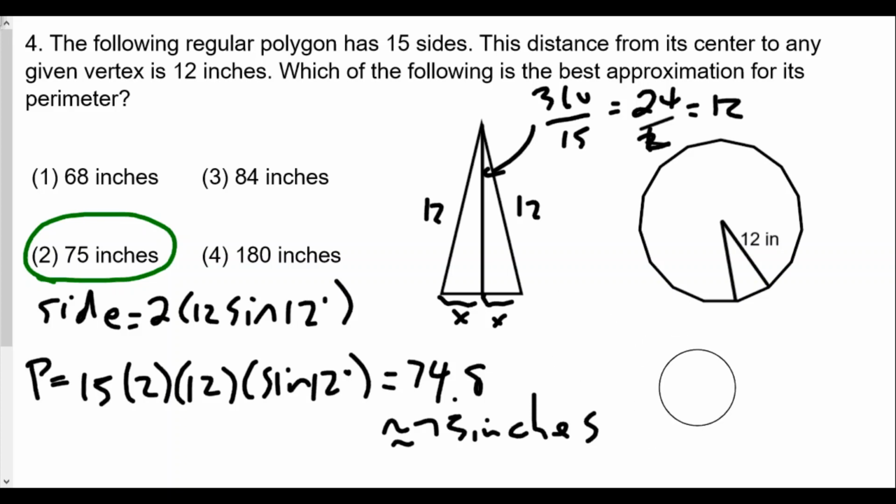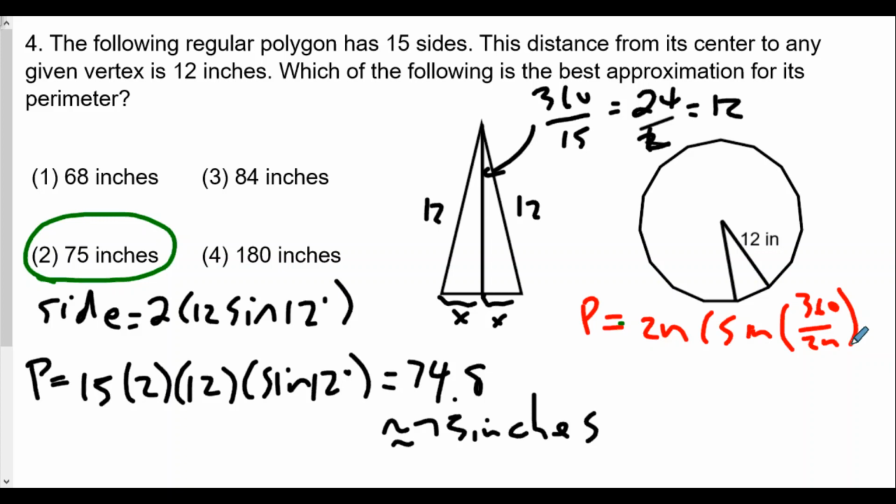Well, I believe they gave you a formula which said in this situation that P, the perimeter, let me use red, the perimeter was going to be 2n times the sine of 360 over 2n. But that would be the measure of the perimeter if this side was 1.